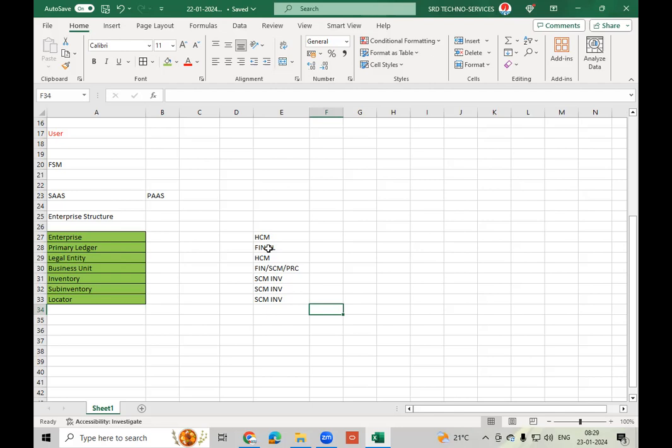So as a procurement consultant or SCM consultant, I will have coordination with the HCM consultant, financial consultant, project consultant, manufacturing consultant, planning consultant, CRM consultant. Regularly within the functional team. On the other side there is a technical team.